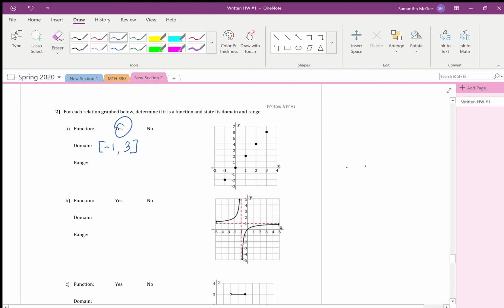And the reason, if we're looking at the relation as it was actually given, right, we can tell that this interval is incorrect because this interval says, hey, you can plug in anything you want between -1 and 3, including -1 and 3, since we use brackets.